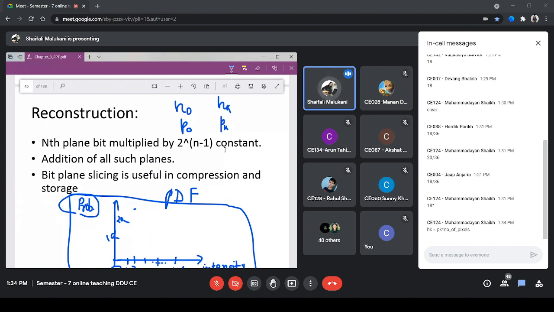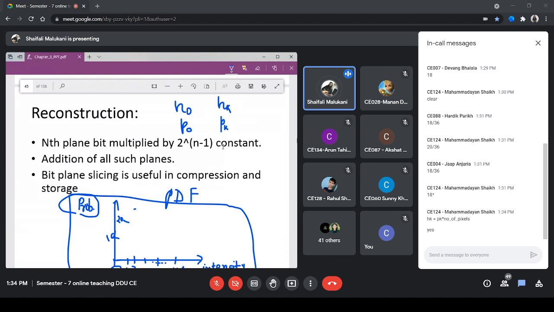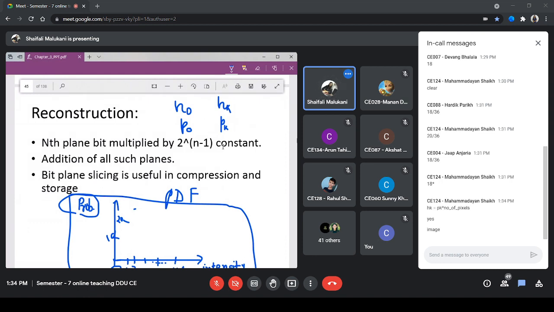Yes, hk is equal to pk times the number of pixels. What is the number of pixels? It is the total number of pixels of the entire image. Suppose my image resolution is m cross n.